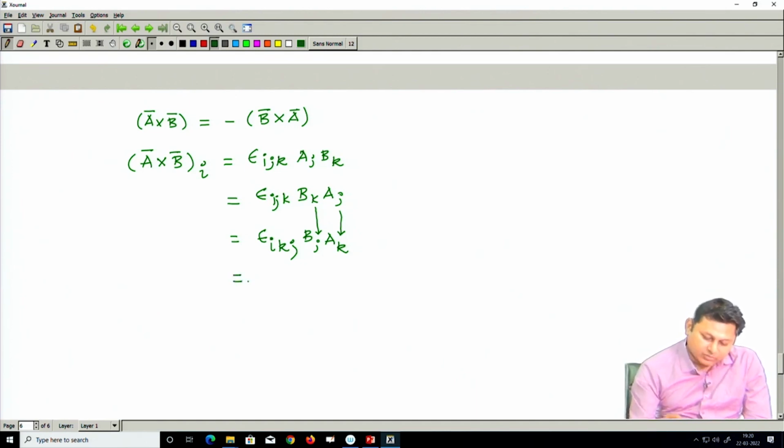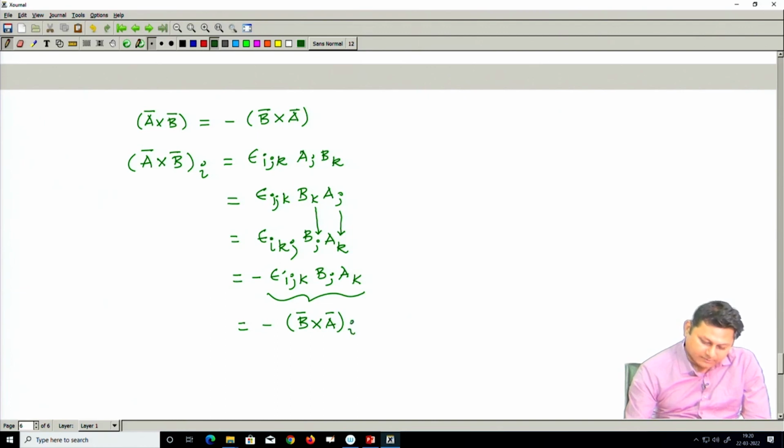Now, I have i k j, right. I now write it in a proper way. So, if I write epsilon i j k, I need to put a negative sign because I am changing this order. So, B j A k. Now, these things are following whatever the cross product symbol is. So, this quantity is minus of B cross A with ith component.